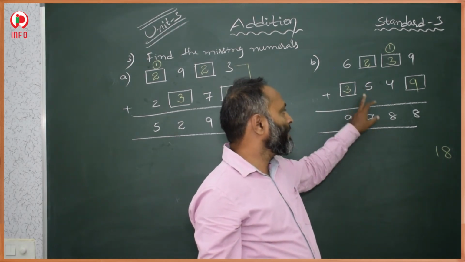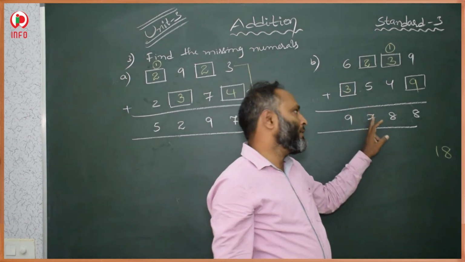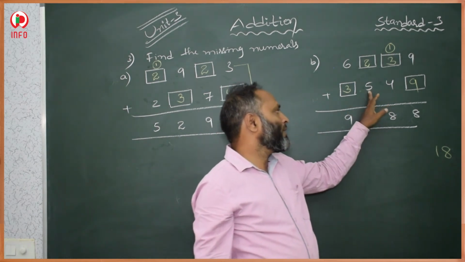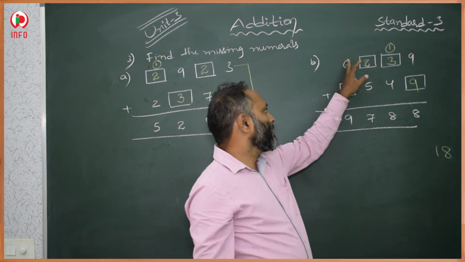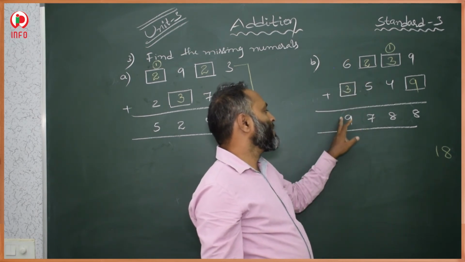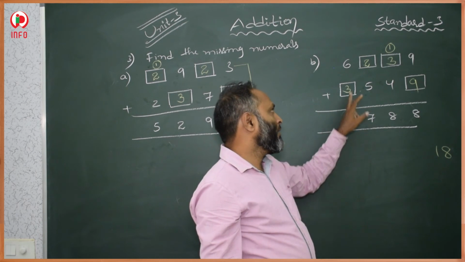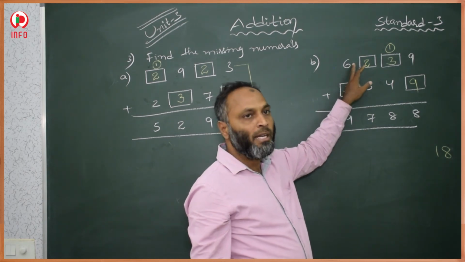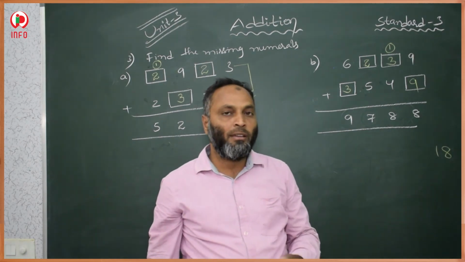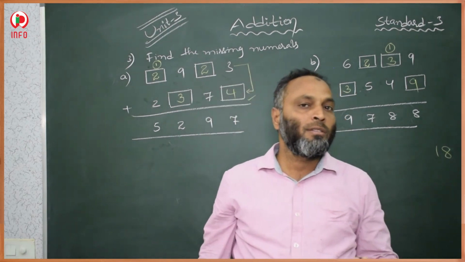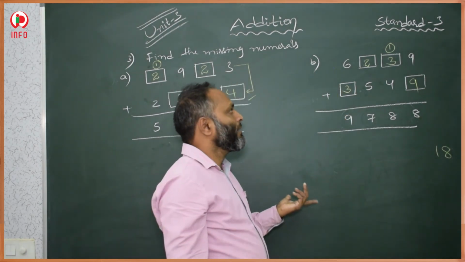The sum is greater than this. This is not 17, 7 only. Then what number should add to this 5 to get 7? 2. Then 6 and 9. Sum is greater than this. This is 9 only. What number should add to this 6 to get 9? 3. 6 plus 3, 9. In this way, we have to think and we have to solve our missing number.